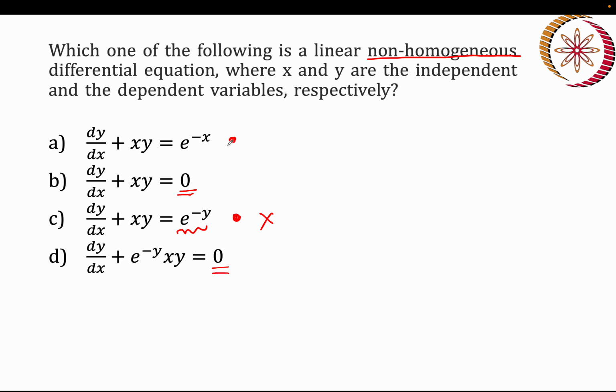So the only option left is A, and you can see that the dependent variable y has the power which is only 1, and even though x is in the exponent, that is actually the independent variable, so that is fine. So A is the correct option. Okay, I hope this is clear.